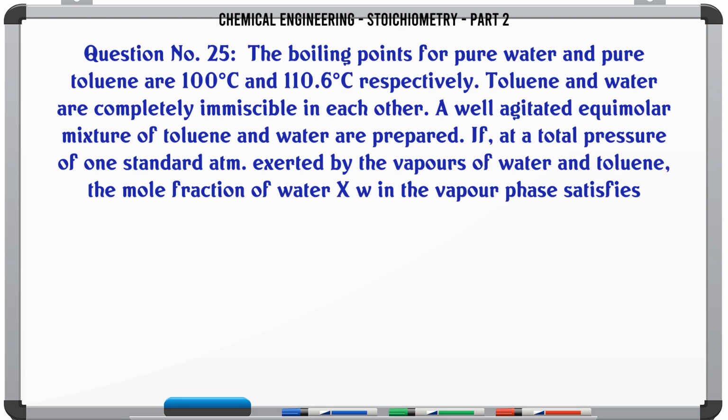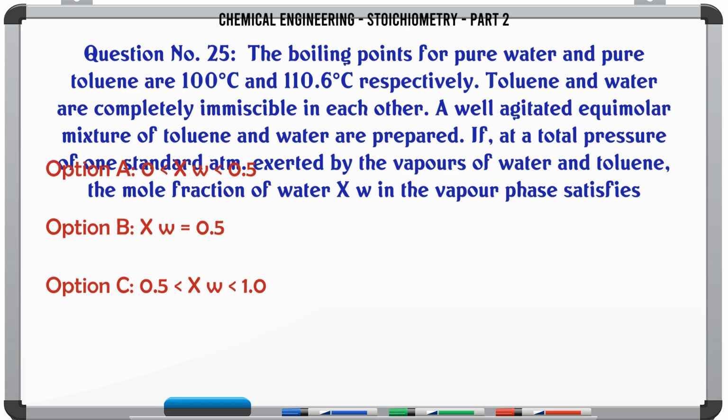The boiling points for pure water and pure toluene are 100 C and 110.6 C respectively. Toluene and water are completely immiscible in each other. A well-agitated equimolar mixture of toluene and water is prepared.